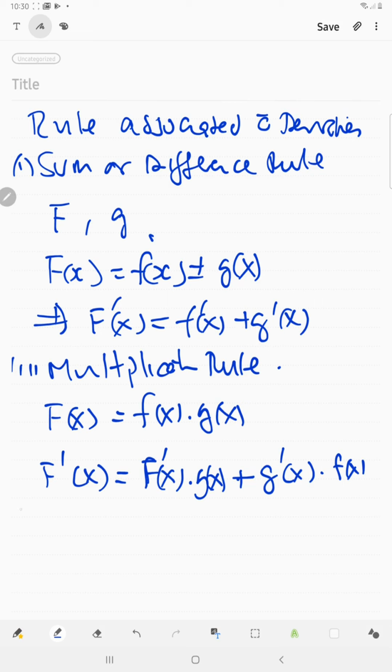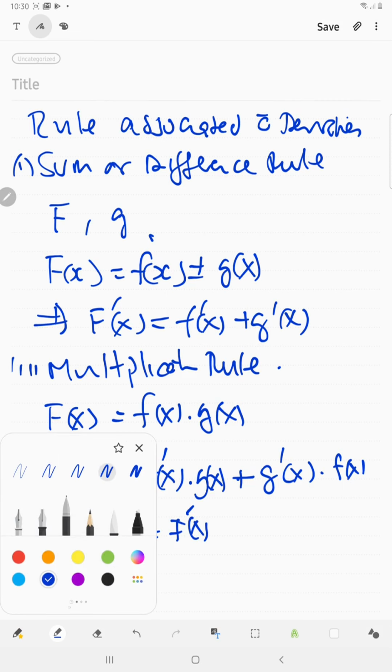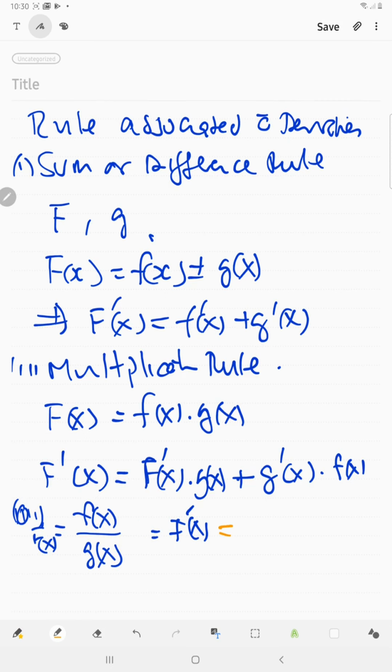And then we have got the quotient rule, which is number 3. In this case, we can have a statement: f of x divided by g of x is equal to capital F. So if I want to get this capital F, then I can say this is equal to f prime x g x minus g prime x f x, over g x squared.